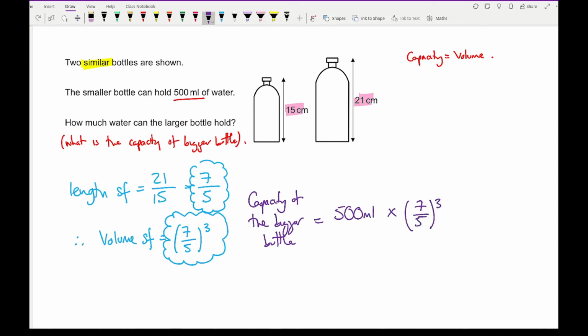Now if I type that into my calculator, so 500 multiplied by bracket 7 over 5 cubed equals, and that'll give me an answer of 1372 millilitres. Now if I wanted that answer in litres, then that would be 1.372 litres. So either of those two answers should be correct.